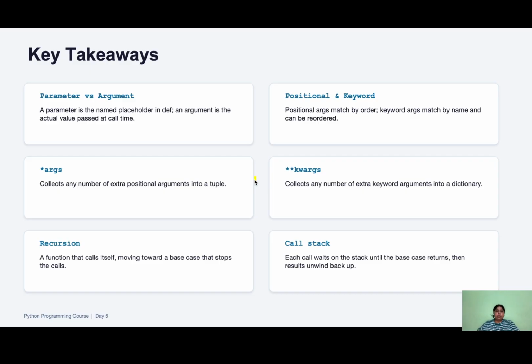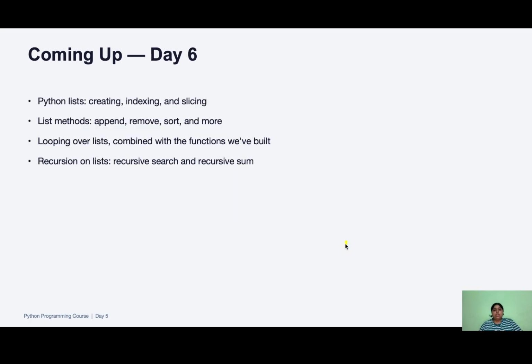You learned the difference between parameters and arguments, positional and keyword arguments, star args, double star keyword arguments, recursion, and the call stack. You learned these in a very deep manner. You got the core concept of it, then you coded it and completed your concept. So this was all about the day.